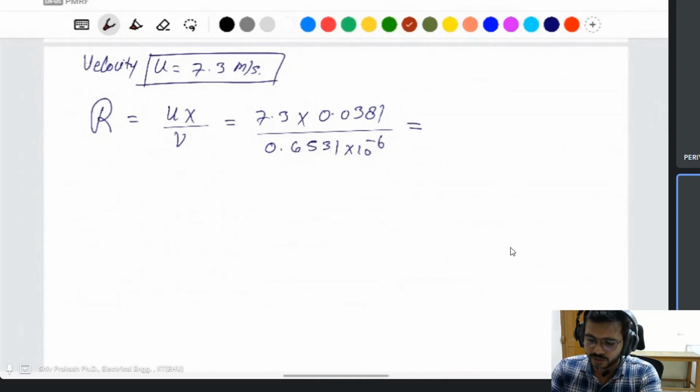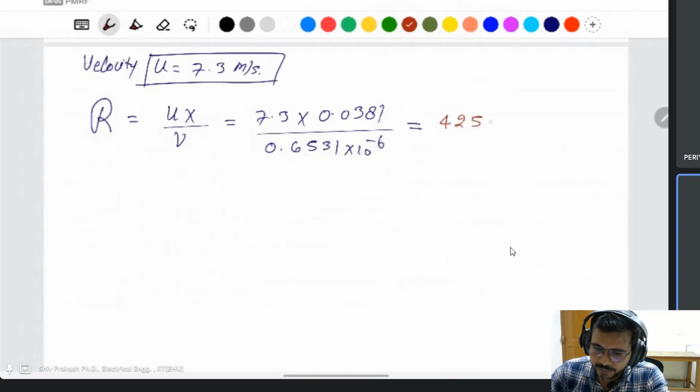7.3 into 0.0381 divided by 0.6531 into 10 to the power minus 6 gives 425,861. I can say 425 into 10 to the power of 3.